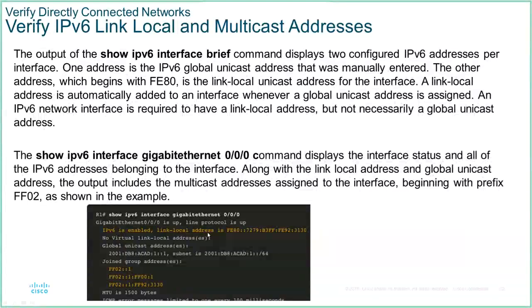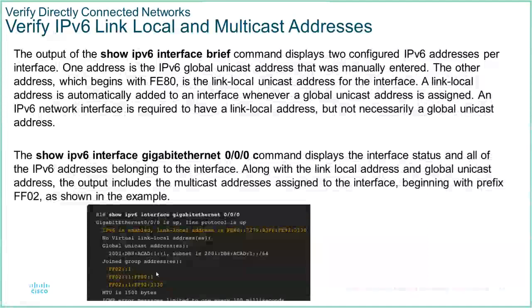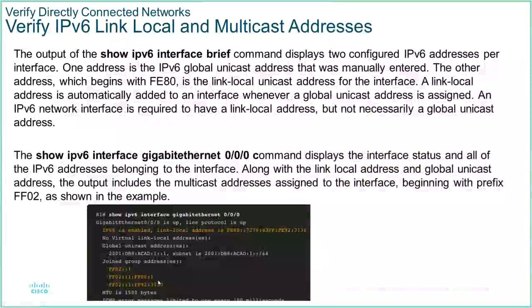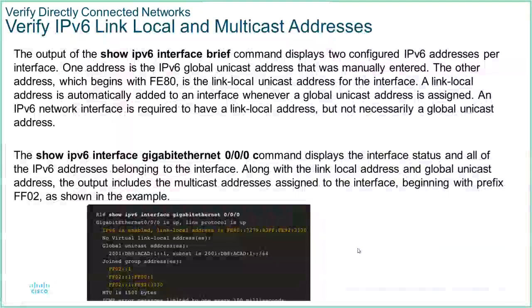My local address is this, which is one that is assigned automatically, and then this is the one that is configured, and it'll automatically join some multicast transmissions which are used for communication and protocols and so forth. So expect to have multiple joins listed.